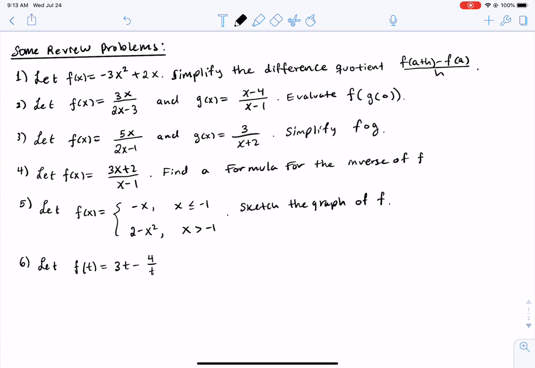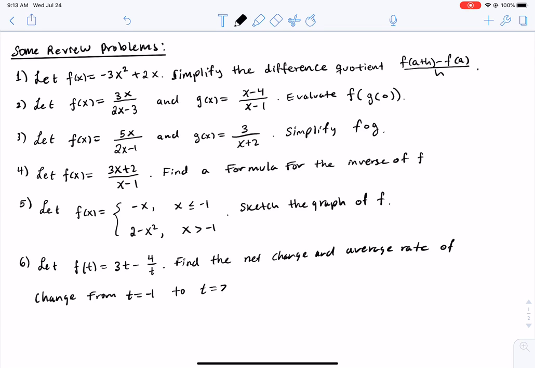I want you to find the net change and average rate of change from t equals negative 1 to t equals, say, positive 2.